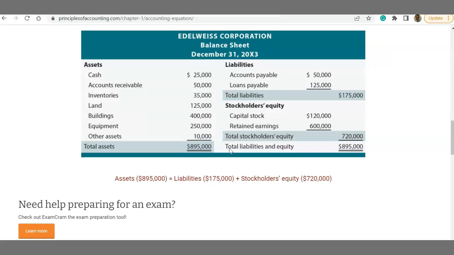Okay, but in a corporation, we have dividend, we have retained earnings. Why? Because a corporation doesn't belong to one person. Normally you have a lot of shareholders. And a corporation files taxes and pays taxes. But when shareholders get dividend, they pay taxes for the dividend again.